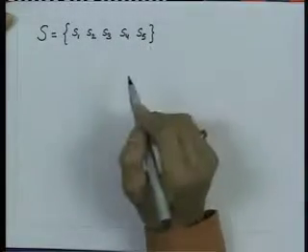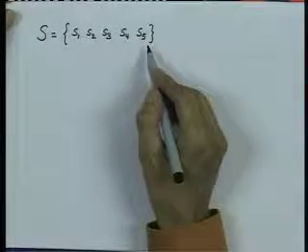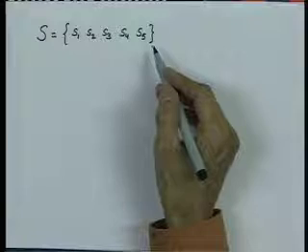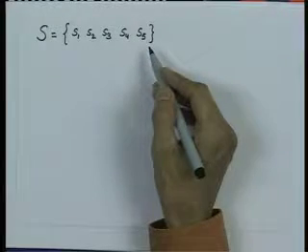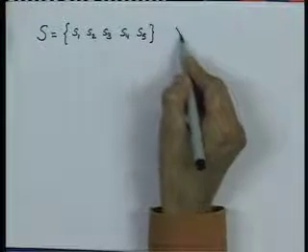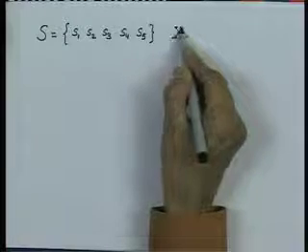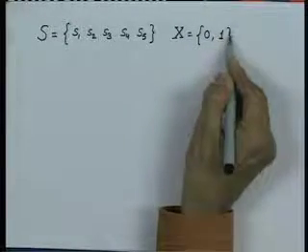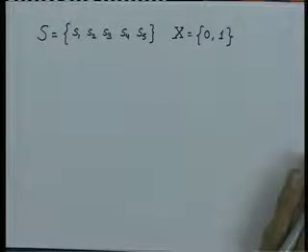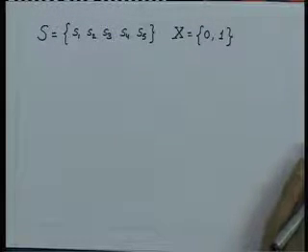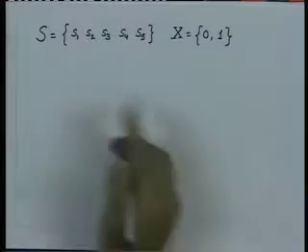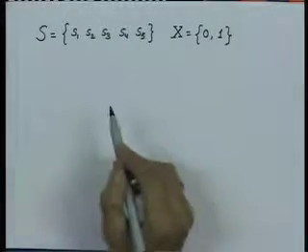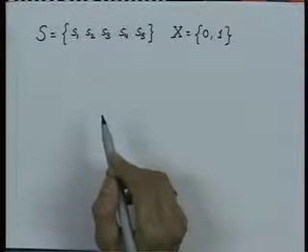And I am interested in designing or synthesizing a binary instantaneous code. So, my code alphabet is assumed to be binary and it is 0 1. So, let us start synthesizing this binary instantaneous code.